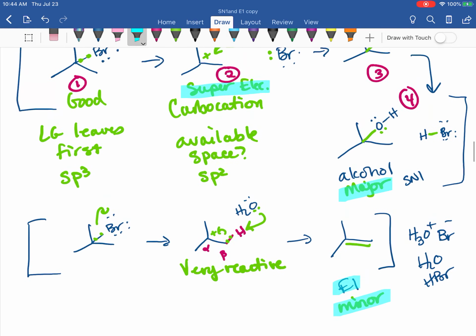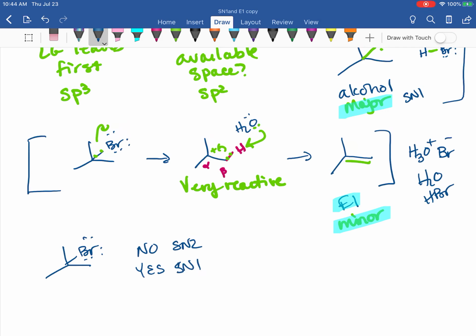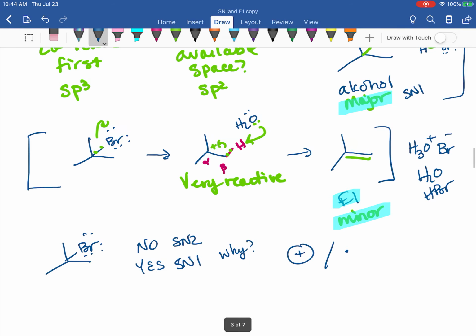So you'll notice that we have a carbocation. So why did our tertiary work better for this reaction? Remember, we had no Sn2 here, but yes to an Sn1. Why? Because it turns out that carbocations and radicals follow the exact same stability.